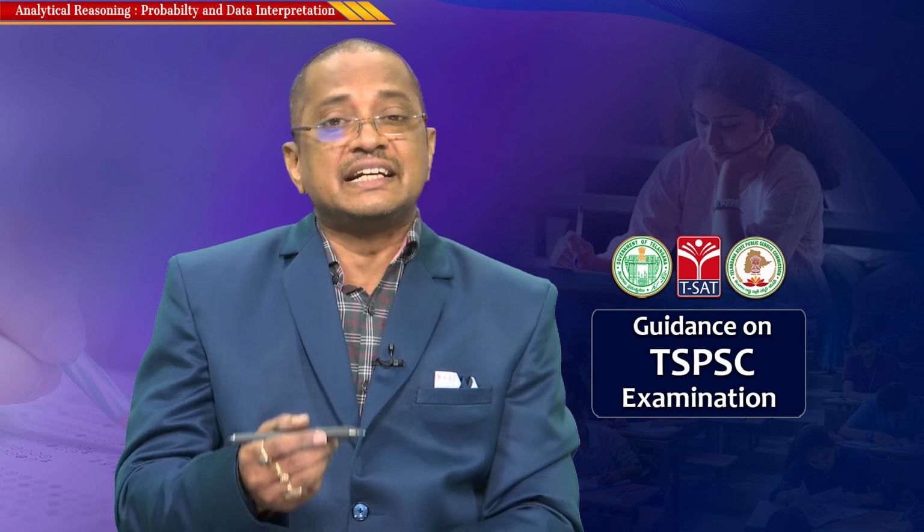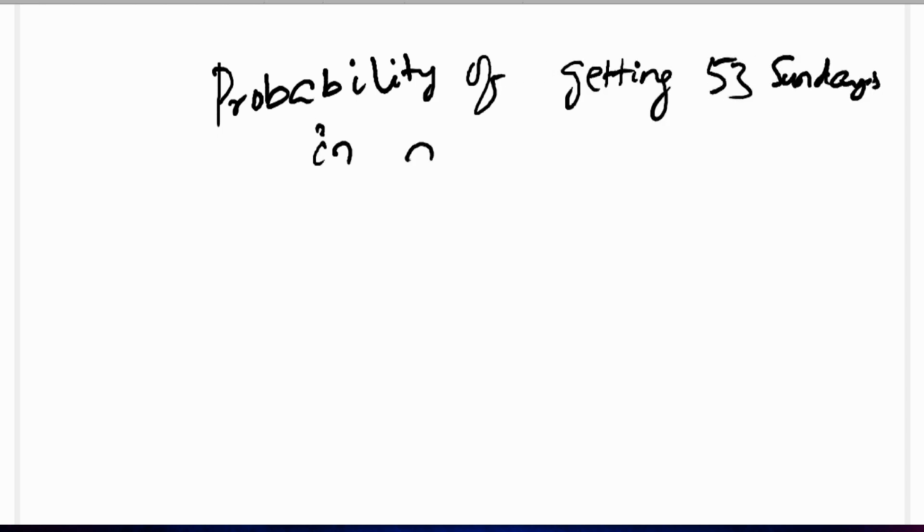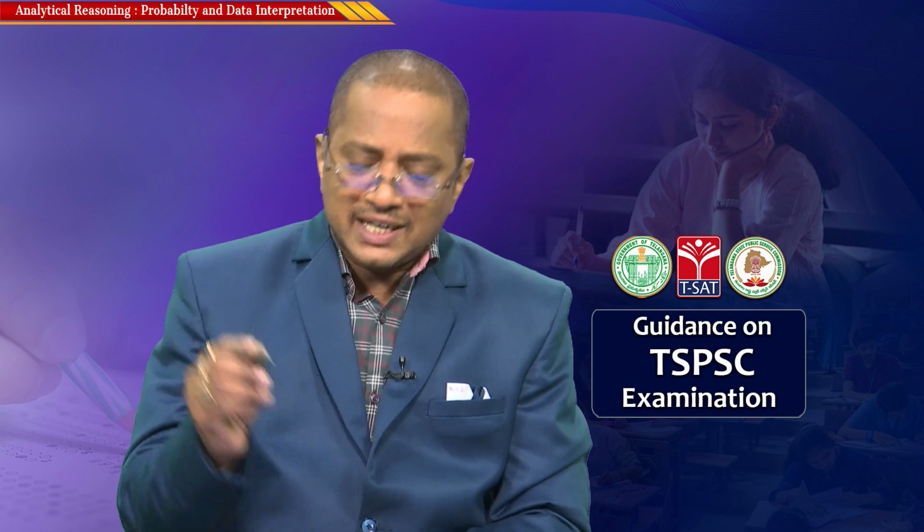For example, what is the probability of getting 53 Sundays in a year? If the question is given like this, then what is in a year?